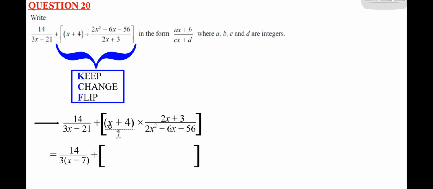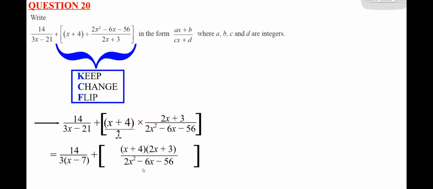The inside bit here, as I say, I can write that over 1, and now I'm going to do the top multiplied by the top, and the bottom multiplied by the bottom. So the top becomes x plus 4 multiplied by 2x plus 3, and the bottom of it becomes 2x squared minus 6x minus 56. So this bottom part here, quite clearly, is a quadratic expression.